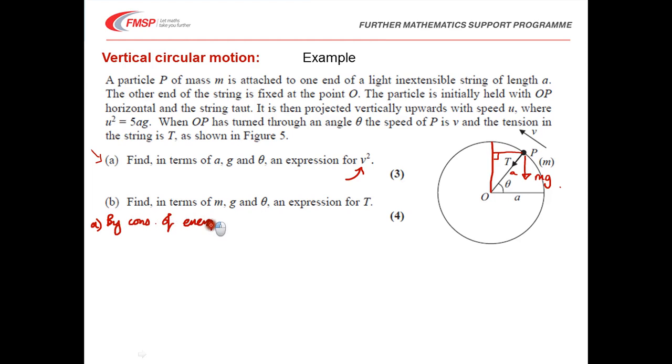So by conservation of energy here, just thinking about the energies that we've got going on, the particle starts from here and it starts only with kinetic energy. When it gets up to this new position here, it's going to still have kinetic energy because it's still moving.